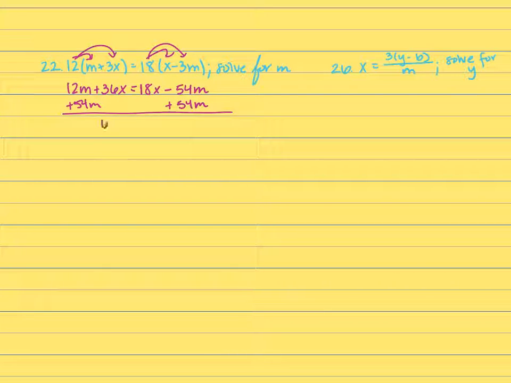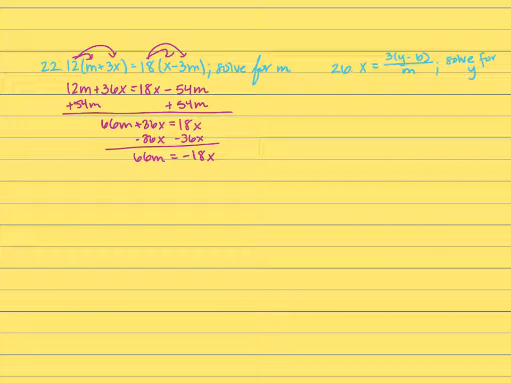So I end up with 66m plus 36x equals 18x. And then I'm going to subtract 36x from each side. So I only have an m term on the left-hand side. So I get 66m equals negative 18x.